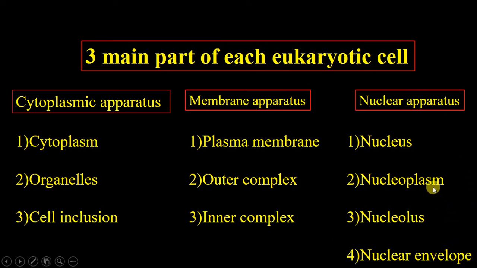Don't forget this main scheme, or main structure, of the eukaryotic cell. I remind you of the three main parts: cytoplasmic apparatus, membrane apparatus, and nuclear apparatus. And today we talk about the cytoplasmic apparatus.